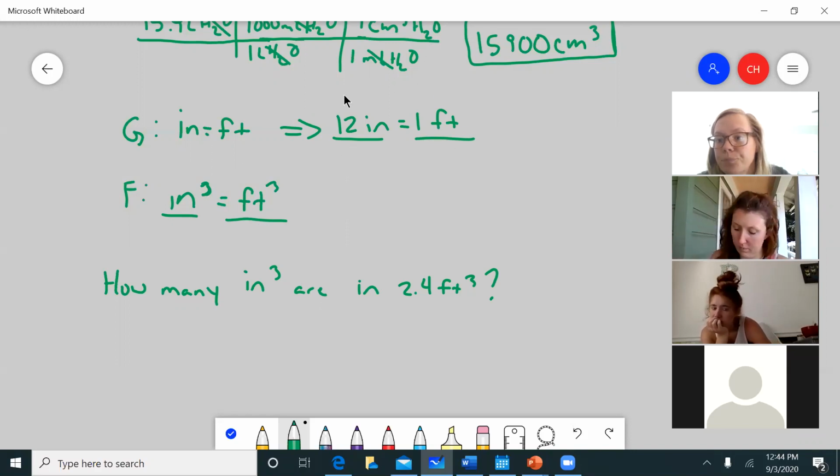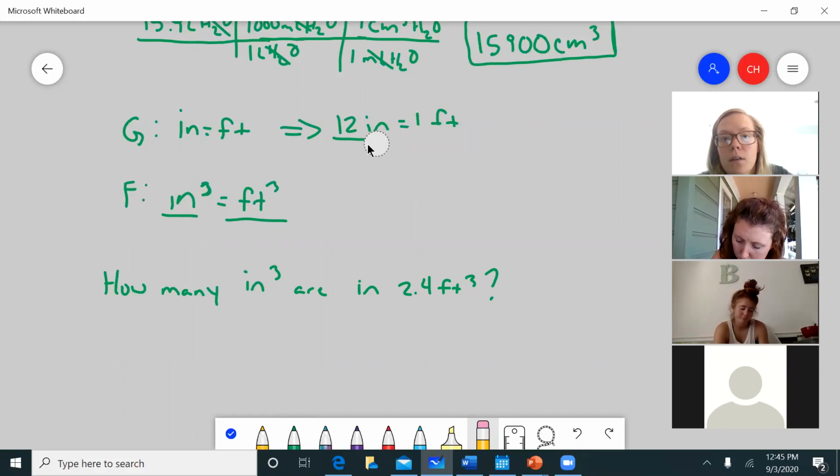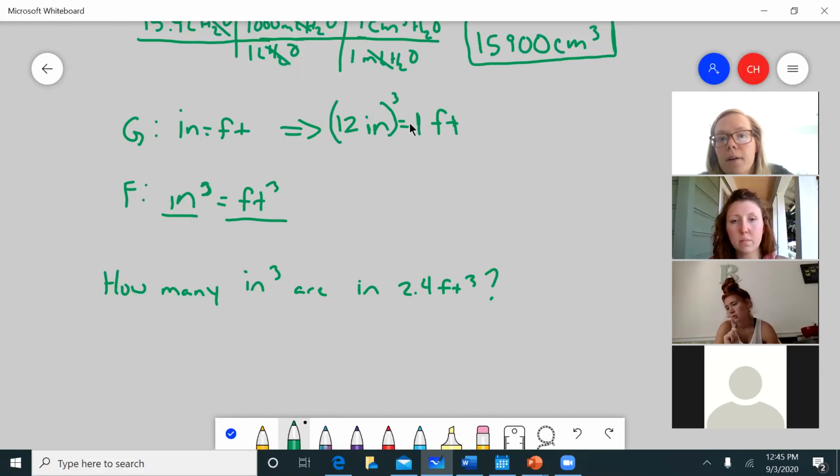The way we're going to do that is we're just going to cube it out. I'm going to take this side to the 3rd power, and then I'm also going to take this side to the 3rd power.